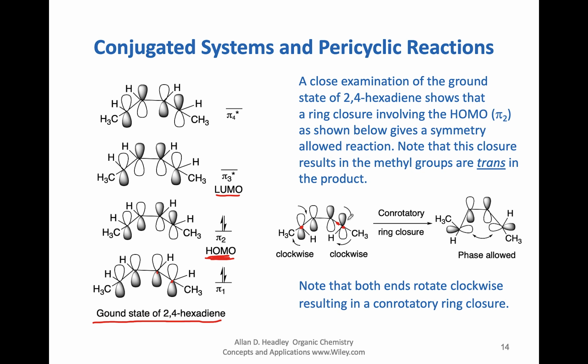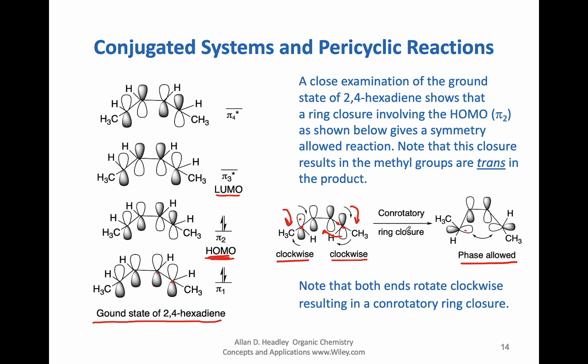So, as you can see, if we do a clockwise rotation, this over here and this over here, this comes here and this comes up over here. So that means that this is now phase allowed or symmetry allowed. Notice it's a clockwise rotation and a clockwise rotation.